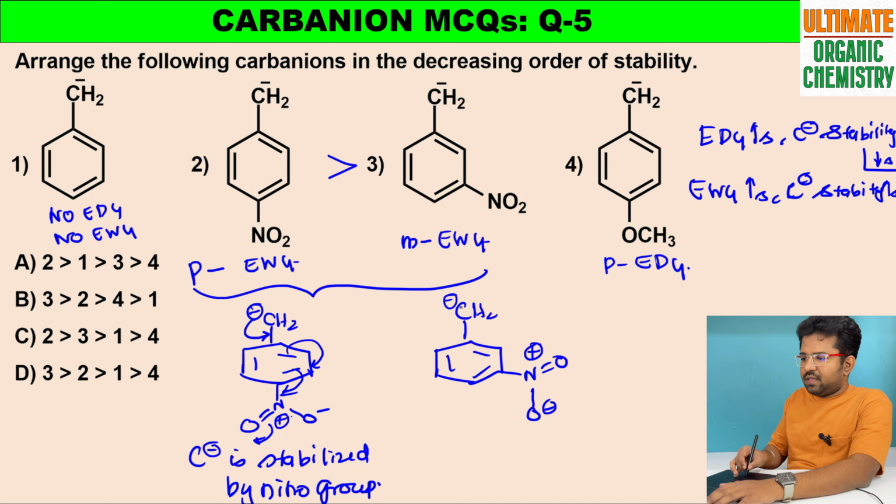Now in the second case, this electron will come over here, and this electron will move over here, and this electron will shift at this position. It won't go to the nitro position. So this anion cannot be stabilized by nitro group through resonance effect.